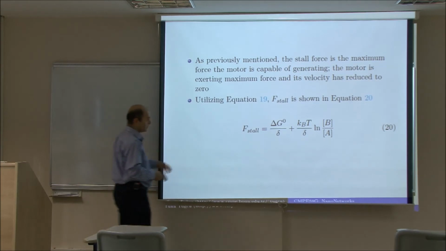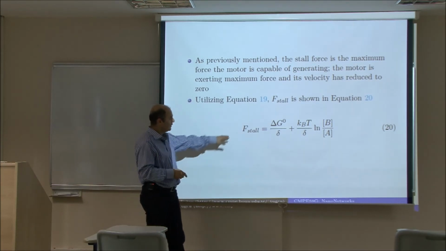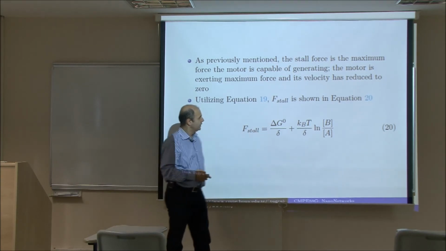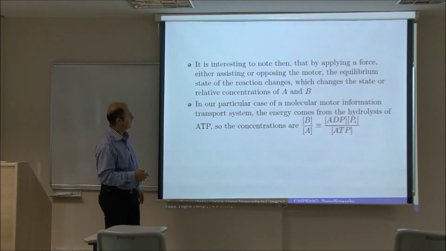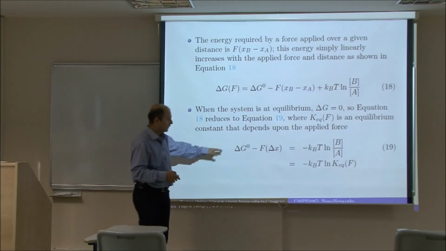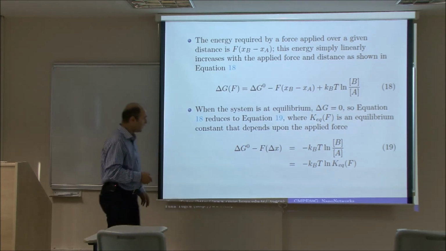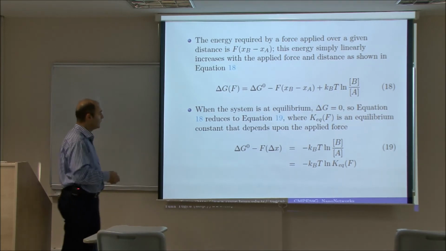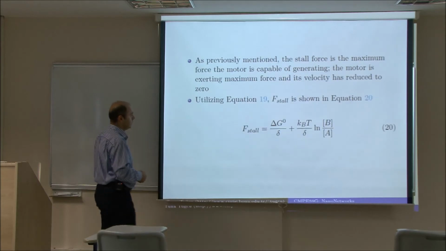So making use of equation 19, now we can write the F stall value as, going back to 19 here. Just divide both sides by delta, which would be your delta x here. You end up with this formulation.